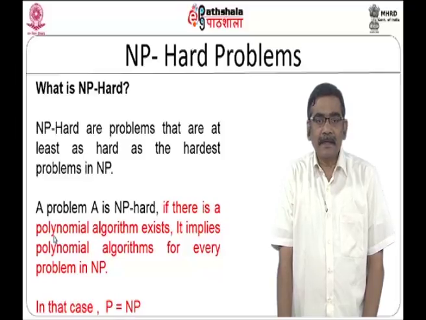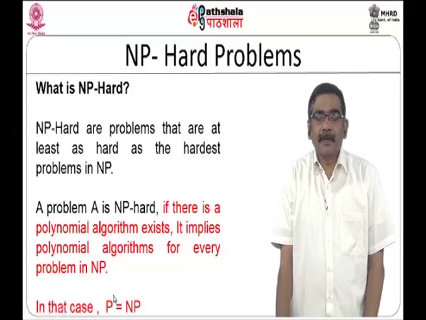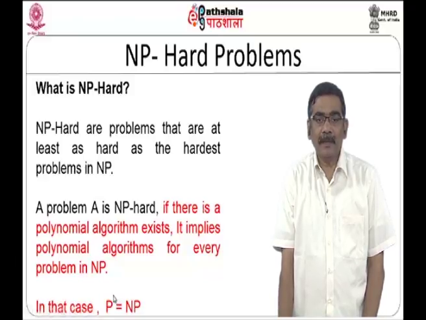if there exists a polynomial algorithm for it. It implies that using that particular algorithm, all the problems that come under the NP category can be solved. In other words, it is equivalent to saying that P is equal to NP. So, in short, we have a problem and we do not know whether a solution exists or not. So far the solutions have not been found.